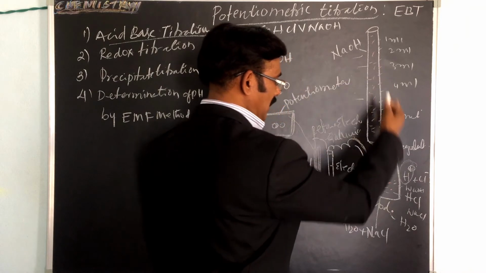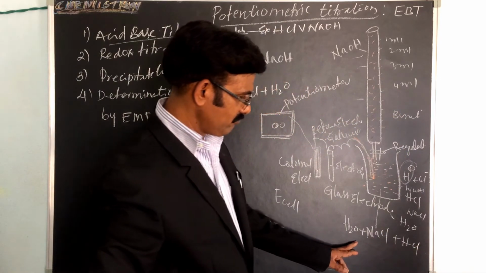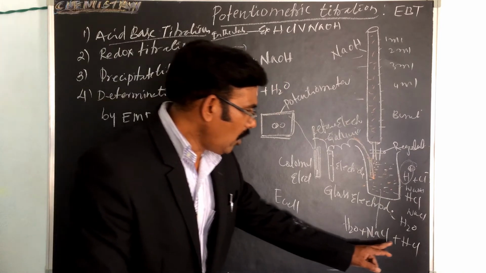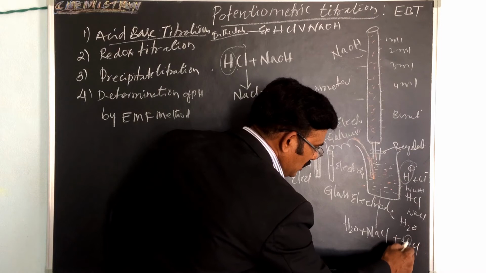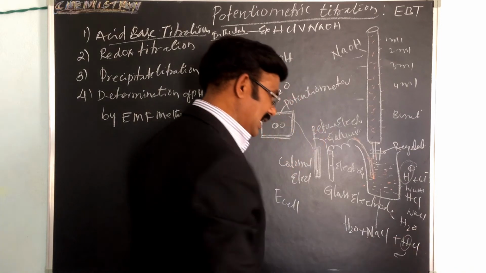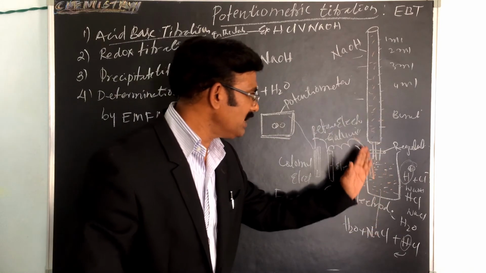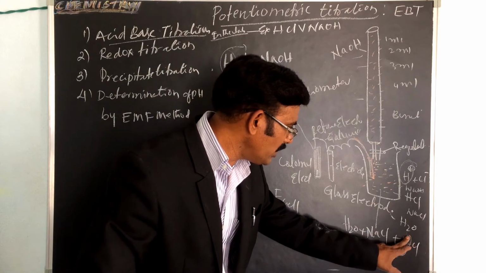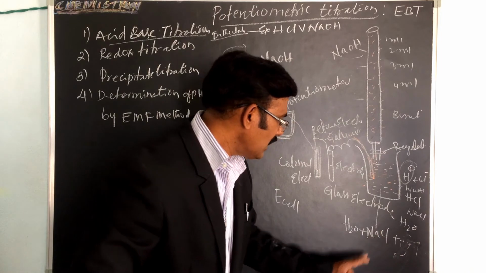For example, with the first 1 ml, HCl is also there. So slowly, in the first ml it is replaced, meaning H+ ions are slowly decreasing. After some time, at the equivalence point, there are no H+ ions and no HCl. What is there completely?